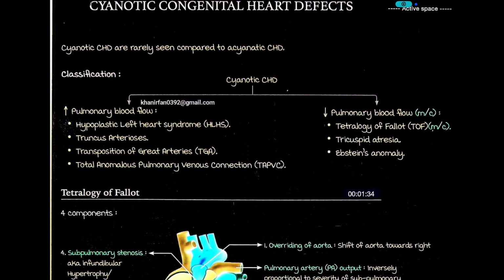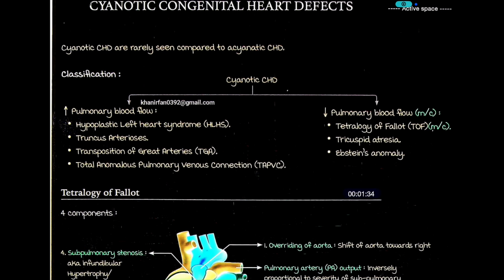Cyanotic congenital heart diseases. Cyanotic congenital heart diseases are rarely seen compared to acyanotic congenital heart disease. They are divided on the basis of increased pulmonary blood flow and decreased pulmonary blood flow.